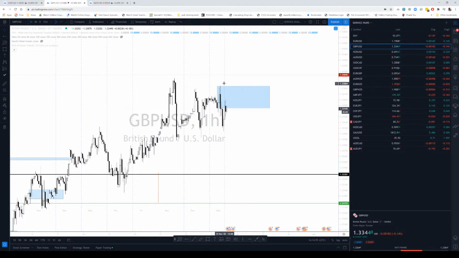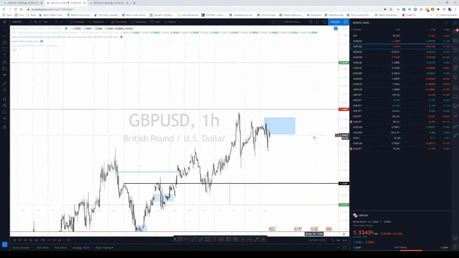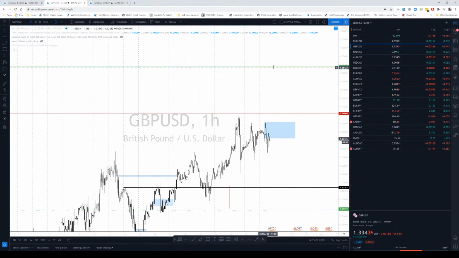And then your longs you're going to hold for the equal high, or you can look for the 1.35 figure, 1.35 as your upside objective. So that is British pound.